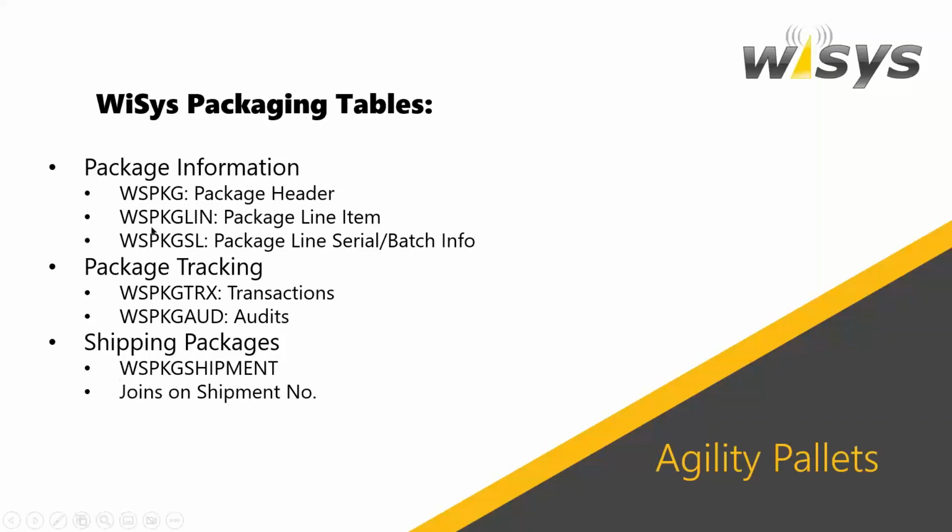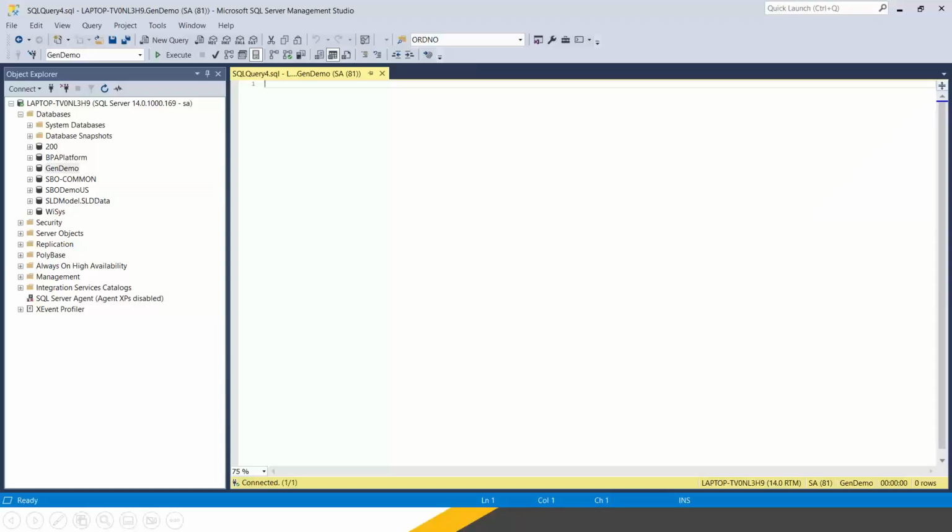Then of course we go to WSPKGLINE, where we're looking at every line item in that package, and details for that specific item. And then lastly, WSPKGSL is going to show serial and lot information for each line item that exists in that package. So just to show you those real quick, I'm going to go ahead and open up SQL Management Studio.